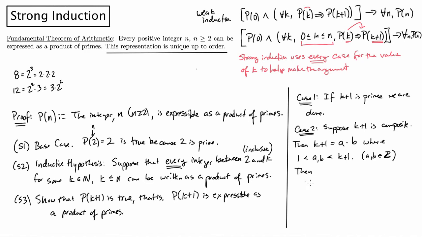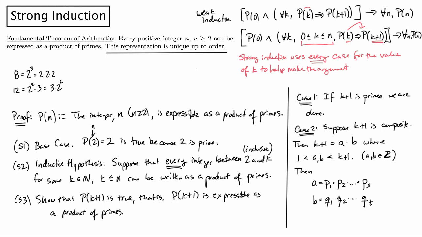Then I want us to suppose that I can write a as p1 times p2 all the way up to, let's say, ps primes. And b I can write as q1 times q2 all the way up to, let's say, qt primes.